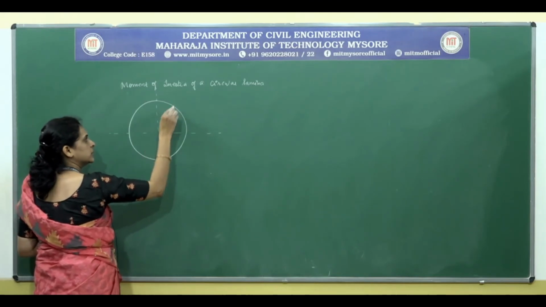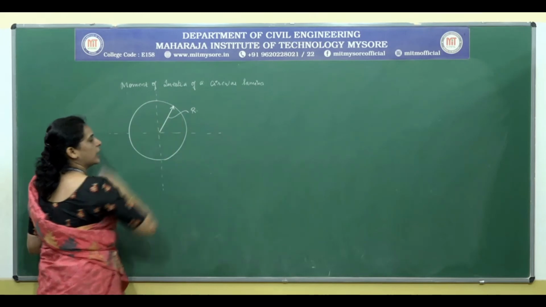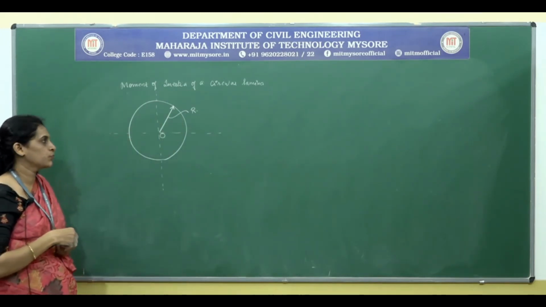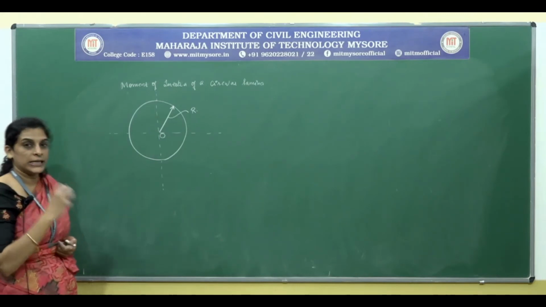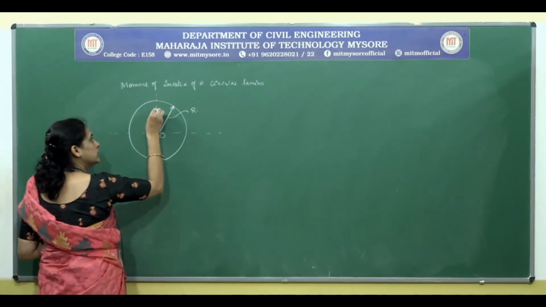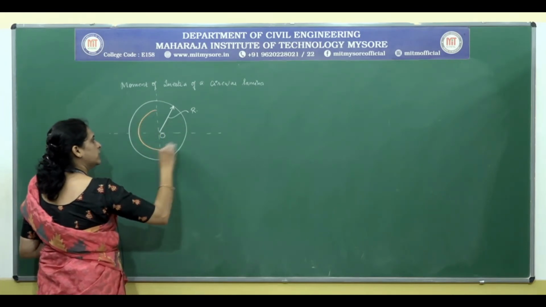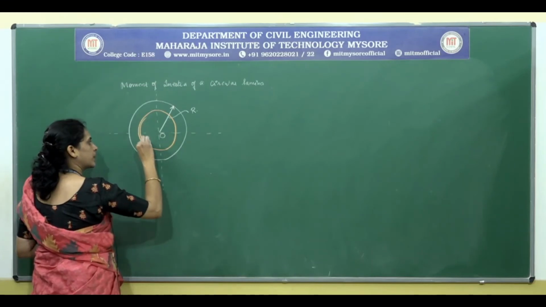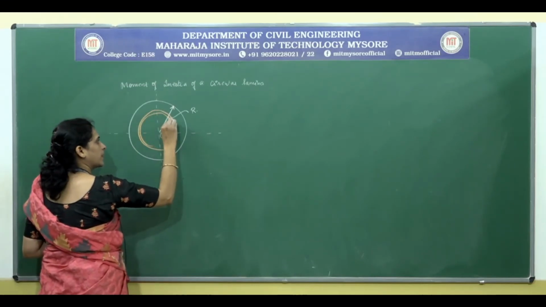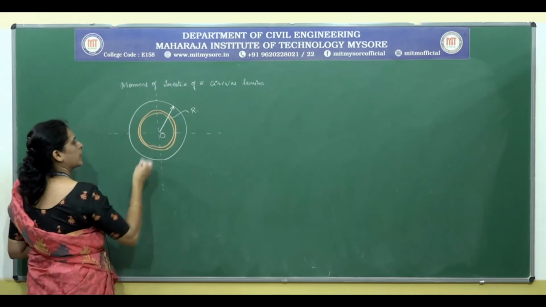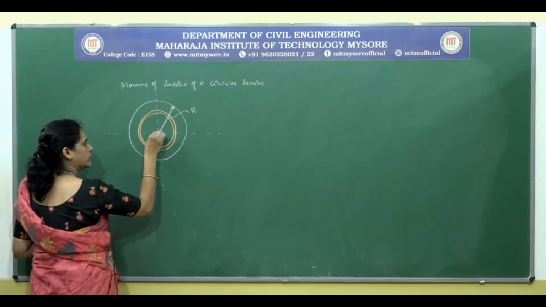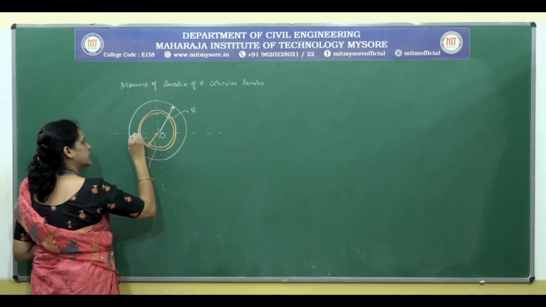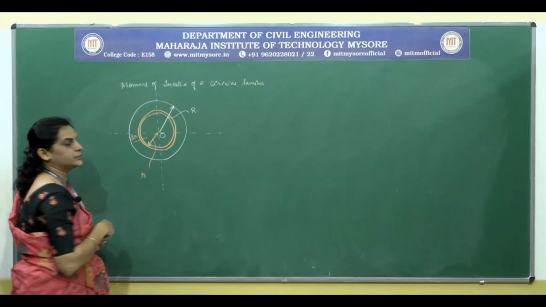The radius is R, the reference center is O. So, we will consider one small ring, an elemental ring, the radius of that is r, the thickness being dr.